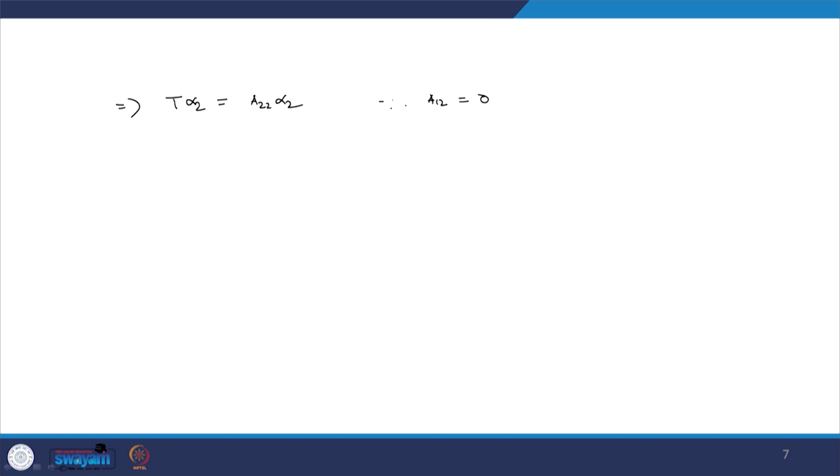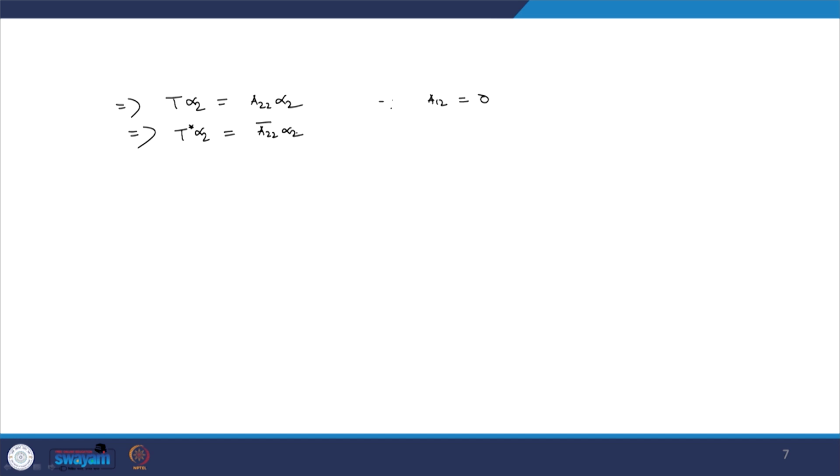Why is A12 equal to 0? Because A12 bar equal to 0 implies A12 is also equal to 0. So, T alpha 2 equal to A22 alpha 2. So, this implies T star alpha 2 will be equal to A22 bar alpha 2.